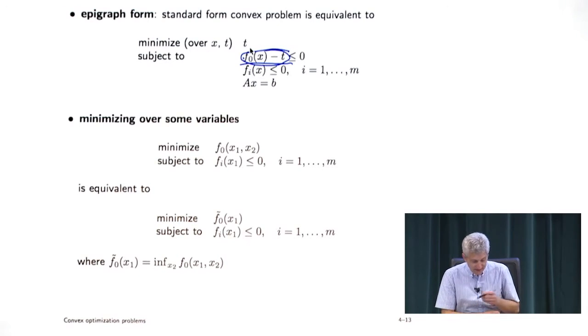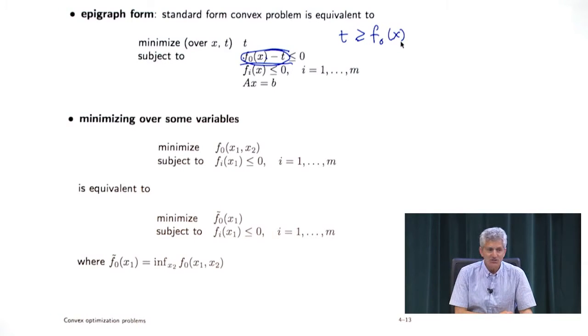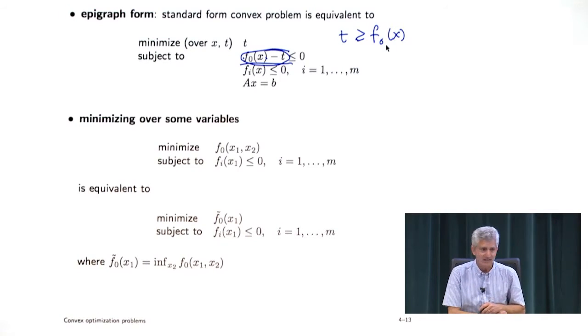So you look at this, it's kind of dumb. This constraint says nothing more than t is bigger than f0 of x. t appears nowhere else in the optimization problem. Therefore, if you fix x and ask what's the best value of t, the answer is t should equal f0 of x. Why? Because that's the smallest value t is allowed to go, and the objective is to minimize t.